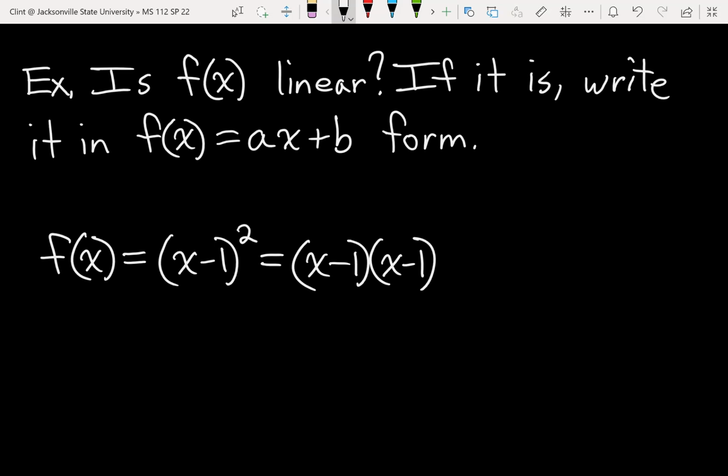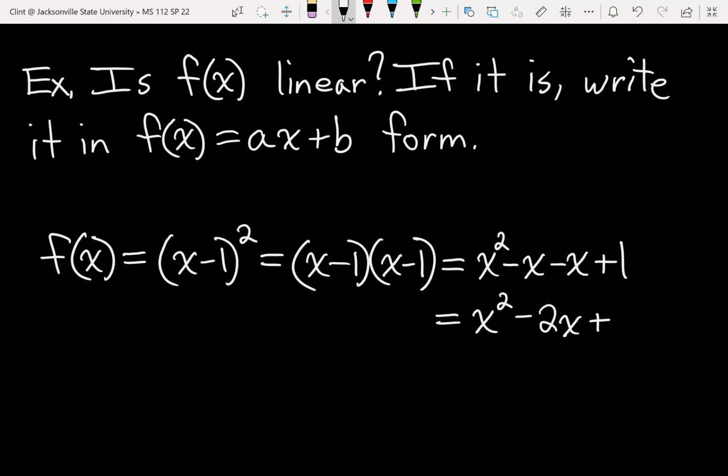x minus 1 squared means x minus 1 times x minus 1. So if we do FOIL there, we get x squared minus x plus 1, or x squared minus 2x plus 1.